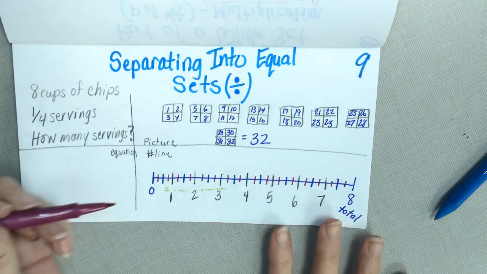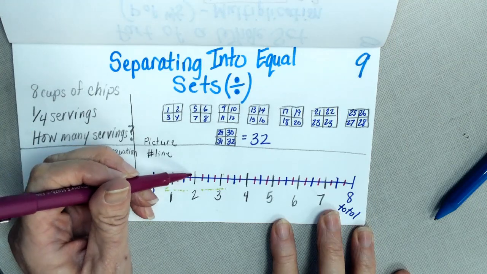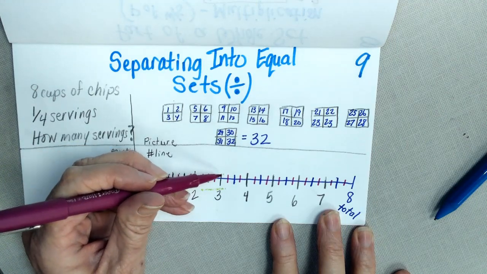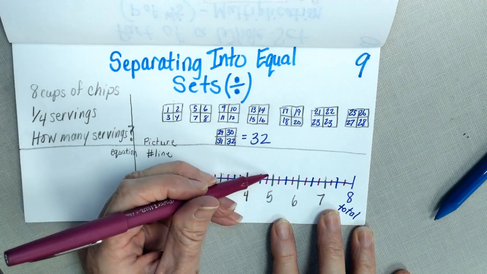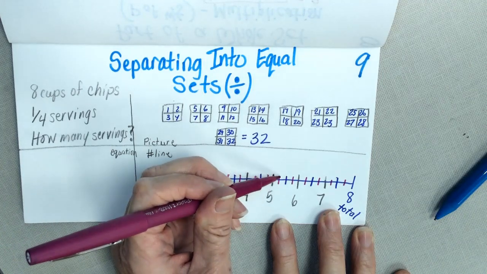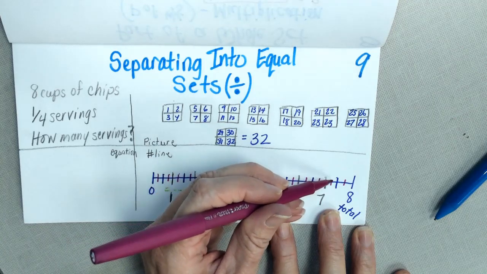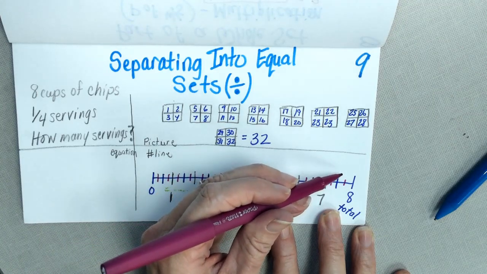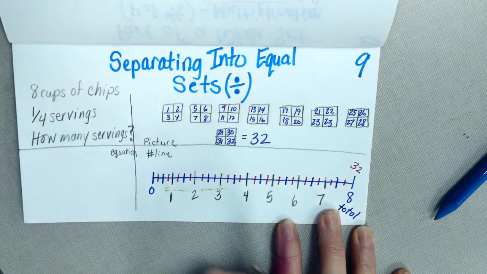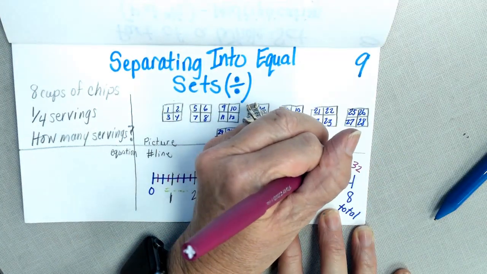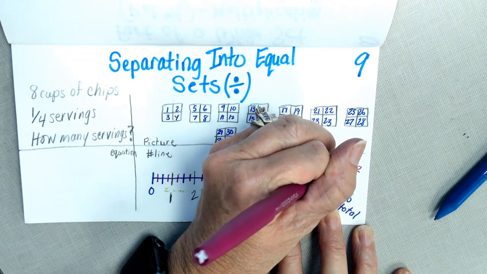And if I counted all these pieces, 1, 2, 3, 4, 5, 6, 7, 8, 9, 10, 11, 12, 13, 14, 15, 16, 17, 18, 19, 20, 21, 22, 23, 24, 25, 26, 27, 28, 29, 30, 31, 32. 32 1/4 pieces.